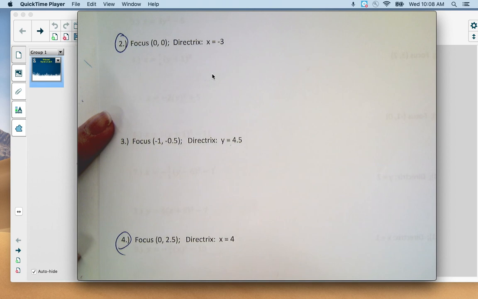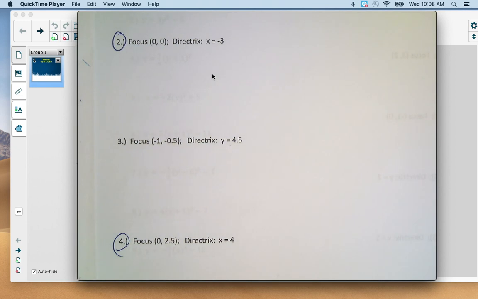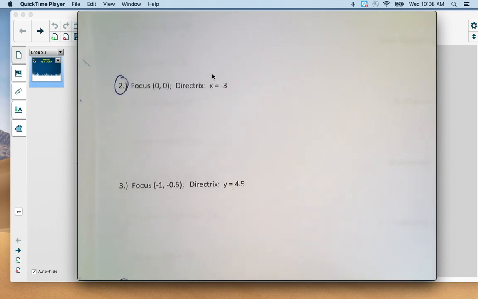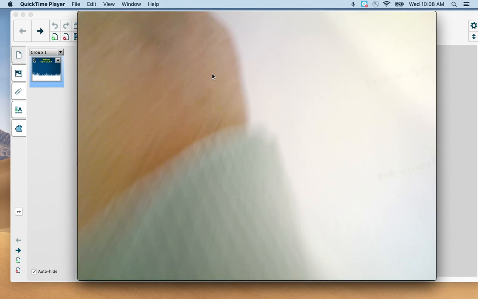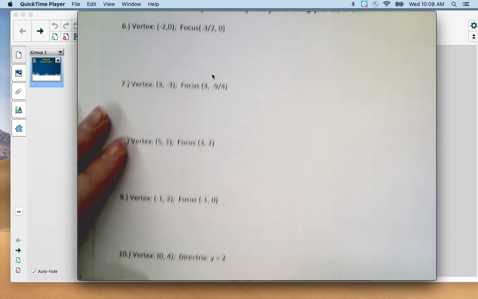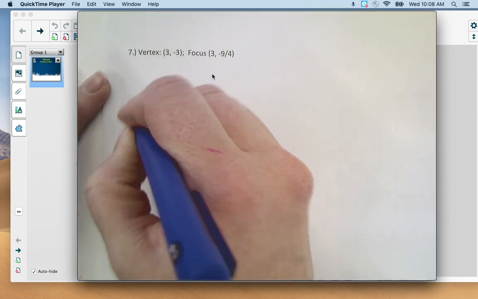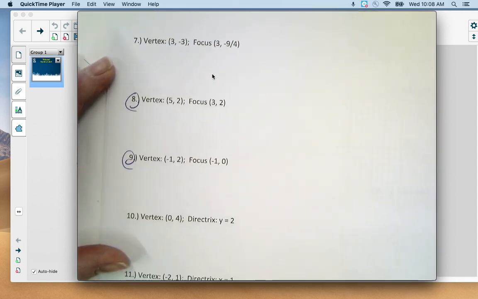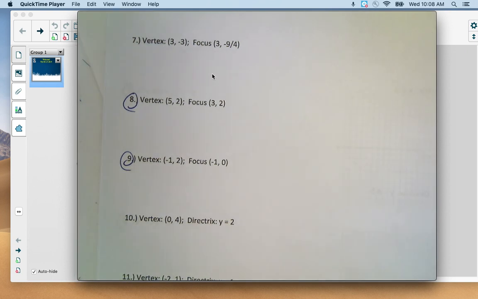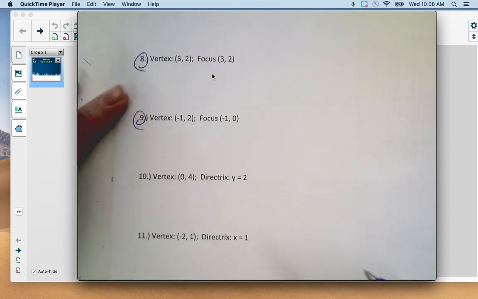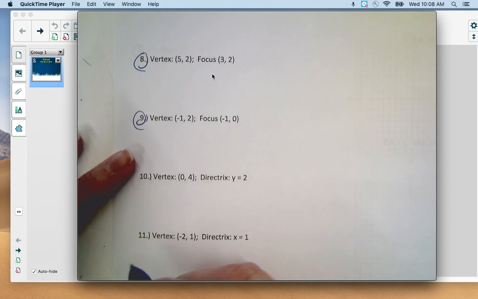Skip 3, 4, 5. We're going to do 8, 9. And then we're going to do 12, 13.